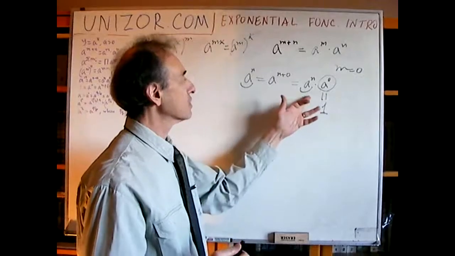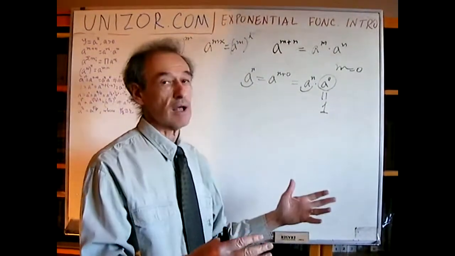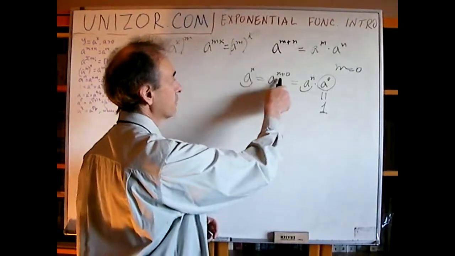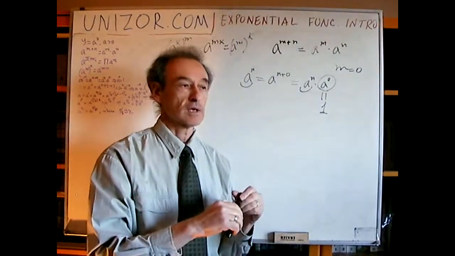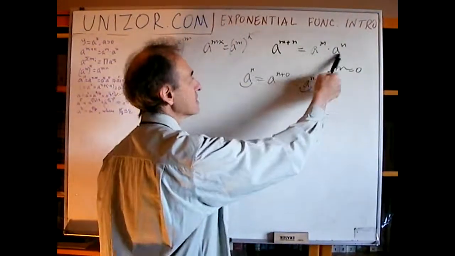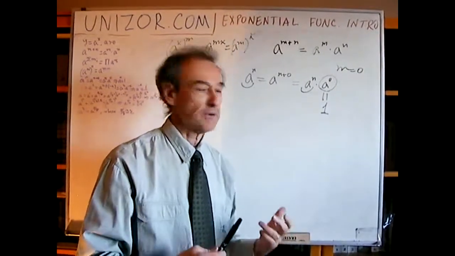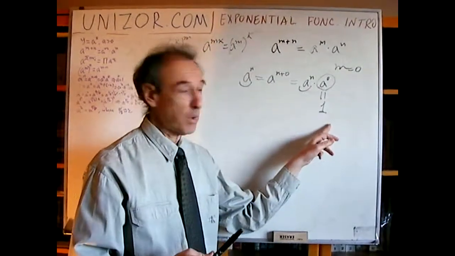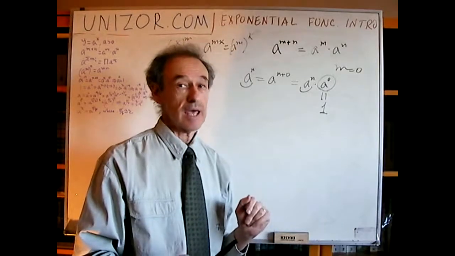Because if it's some other number than 1, then if we add 0 to our repertoire of different exponents, we will not have this property preserved. So we must define a to the power of 0 as equal to 1 unconditionally, regardless of the value of the base a.